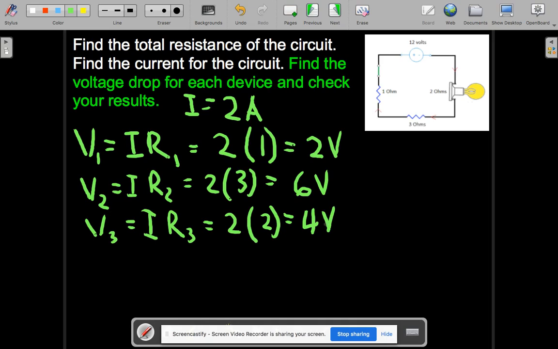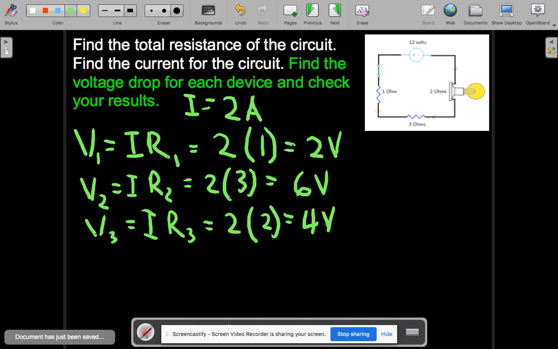If you remember from the section, it says to get the total voltage across the entire thing, it should drop across each of the resistors. So in this case, we've got 2 volts dropping across resistor 1, 6 volts dropping across resistor 2, and then 4 volts dropping across resistor 3.